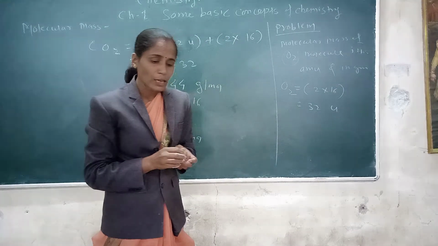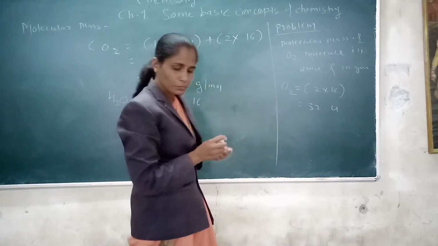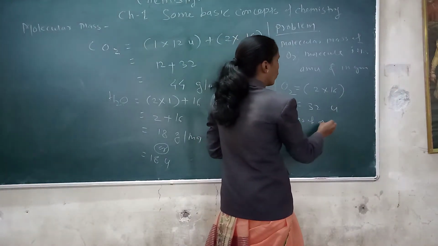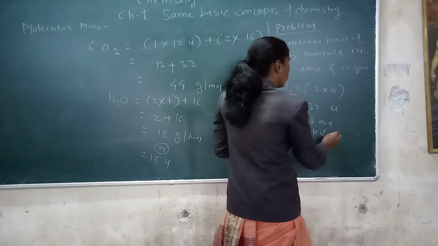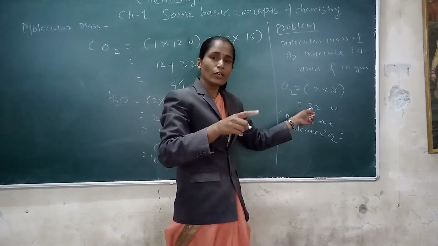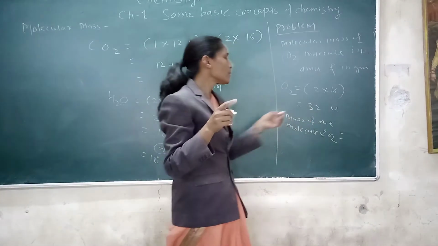For this, the mass of one molecule of O2 is equal to 32 into 1 atomic mass unit.